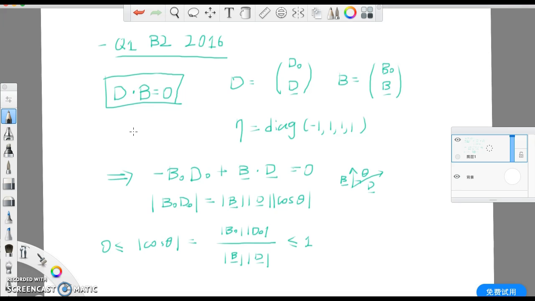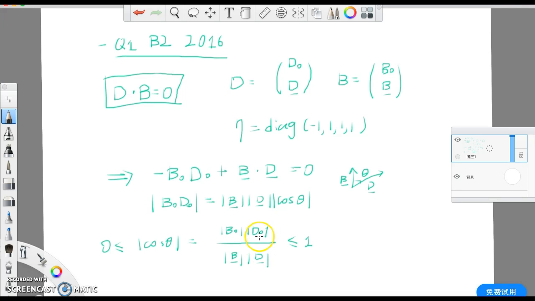The only thing that is true is that if, for example, B is time-like, then B0 is greater than B in terms of magnitude, then D has to be space-like. That's true, right? If one is time-like, the other is space-like.